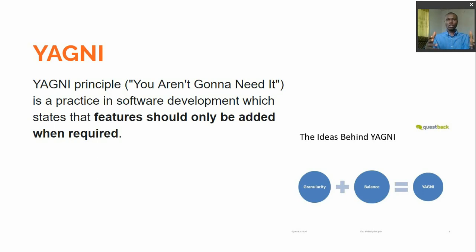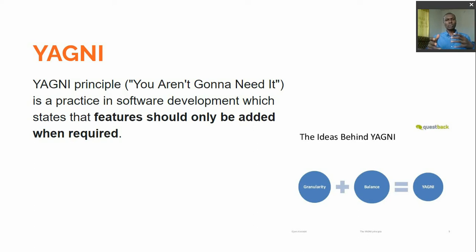It plays a lot of role in making your application, the code base, concise and small, because the size matters. It determines how it's going to load on the user's devices. So the place of Yagni is so important.